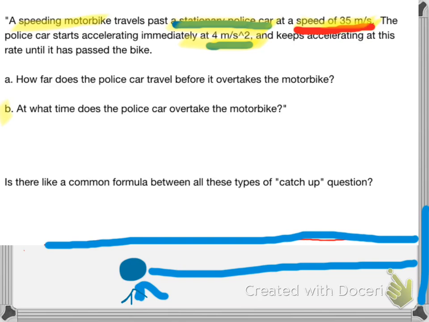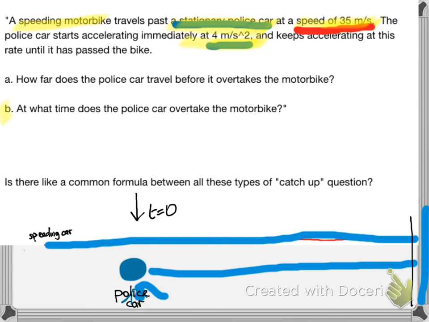Okay, this is a point where they've covered the same amount of displacement from some starting point, and the starting point is going to occur here at t equals 0. This is the starting point of when we're measuring time, when acceleration of the police car occurs.